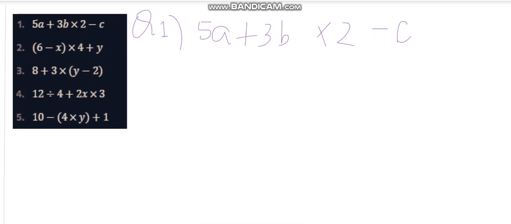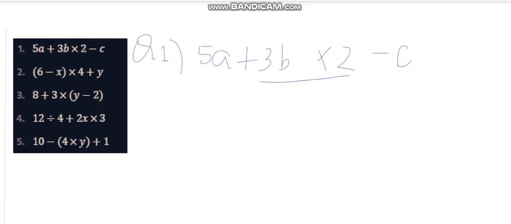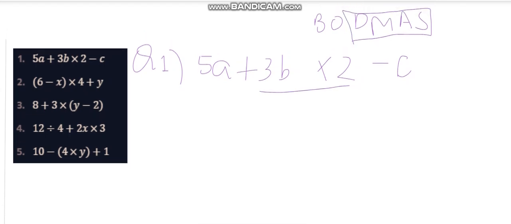So let's start solving this part first, because if you remember, we have BODMAS. Because there are no brackets here and no exponents here, we can simply use the rest of the rule, which means division first. There's no division, then multiplication.